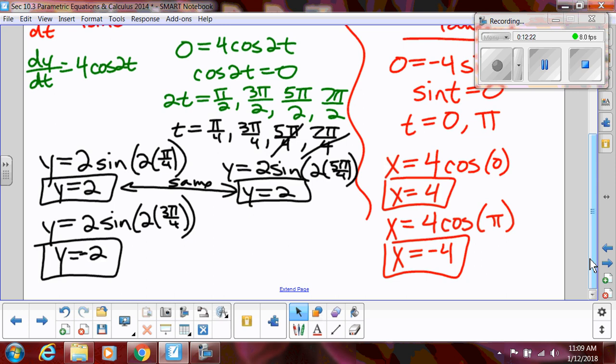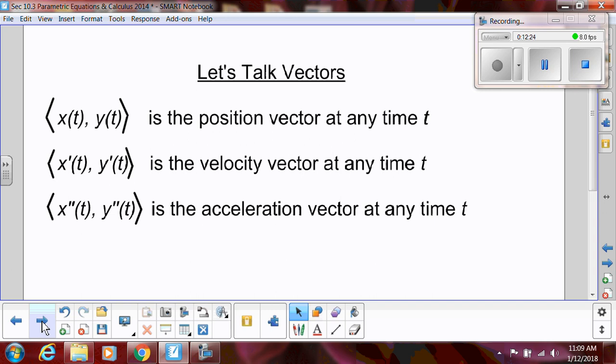All right, so now what I'd like to do is talk about vectors. Reminder, vectors are just a way to break down a thing into horizontal and vertical components. So when we have these pointy brackets, I have my horizontal component and my vertical component.